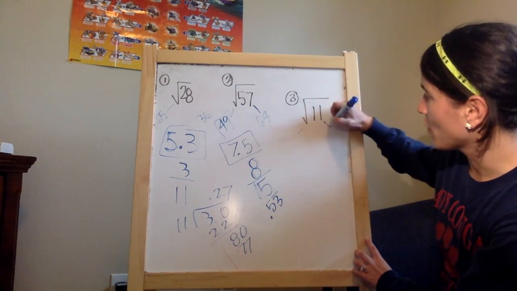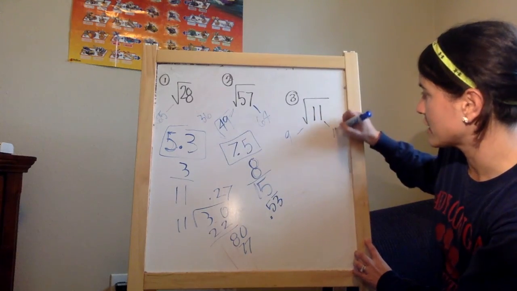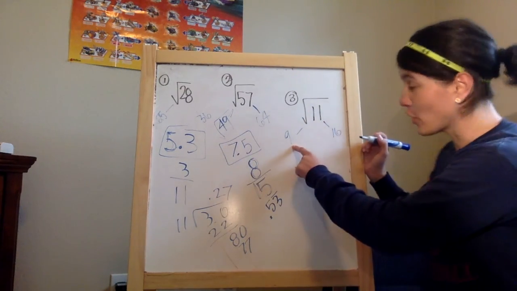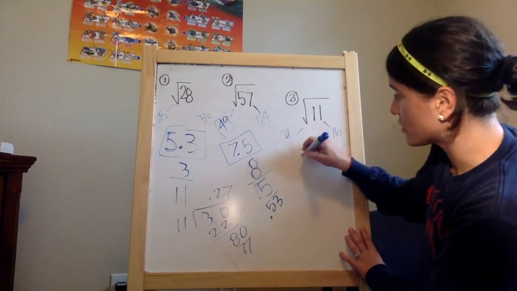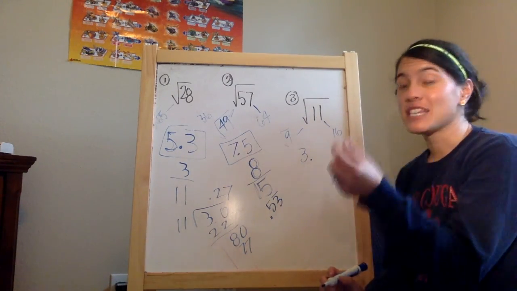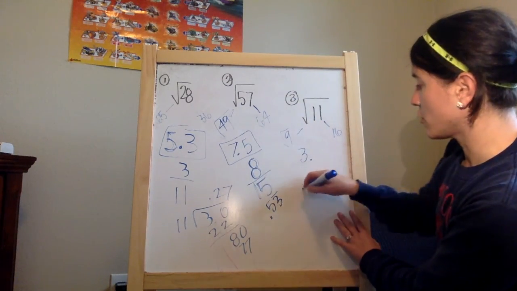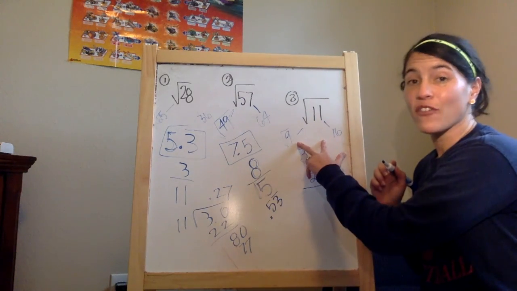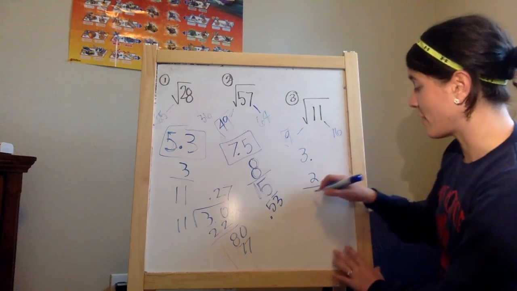All right, square root of 11. My two perfect squares are 9 and 16. We're going to start with our first one. The square root of 9 is 3, so 3 point something. And then we need to divide the difference between 11 and 9, which is 2, and the difference between 9 and 16, which is 7.